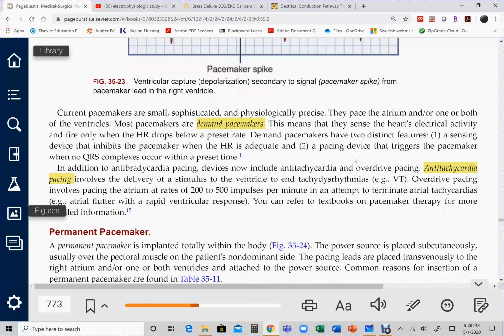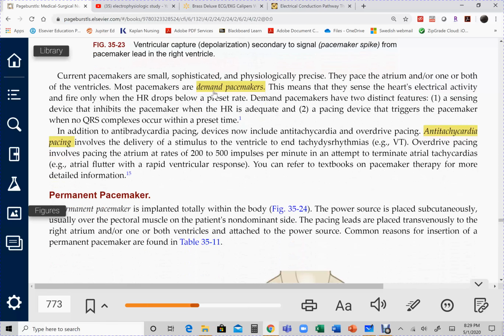So there are generally two settings. Most of them are demand pacemakers, meaning they only fire if the threshold, usually set at 70. So the doctor presets the pacemaker at 70, so every time the heart rate falls below 70, it will fire.